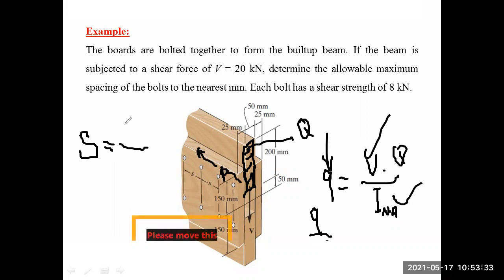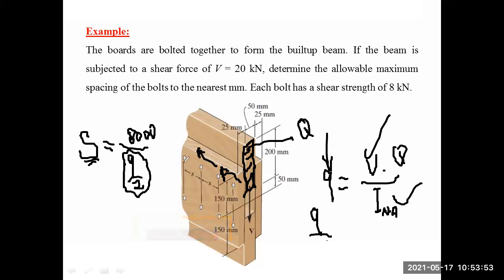The spacing is equal to the shear strength, which is 8,000 Newton, over the shear flow for that row, which is Q over 2. You already divided by 2. So you will get the spacing for this side.